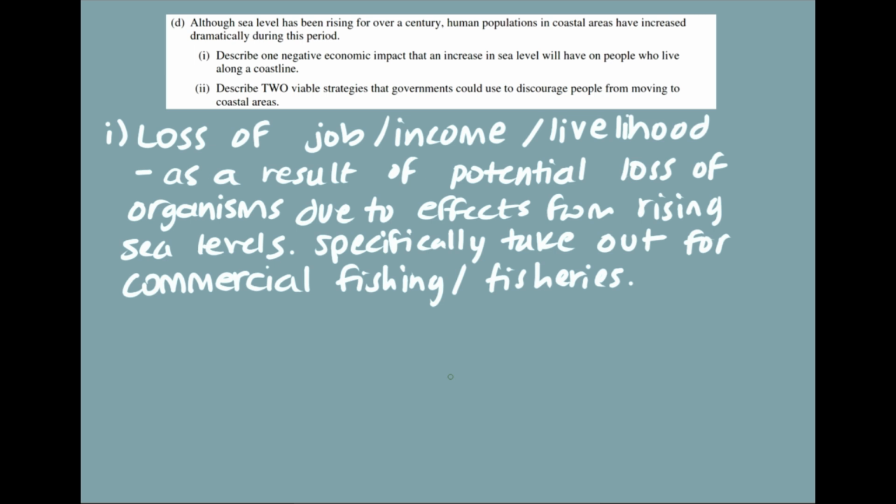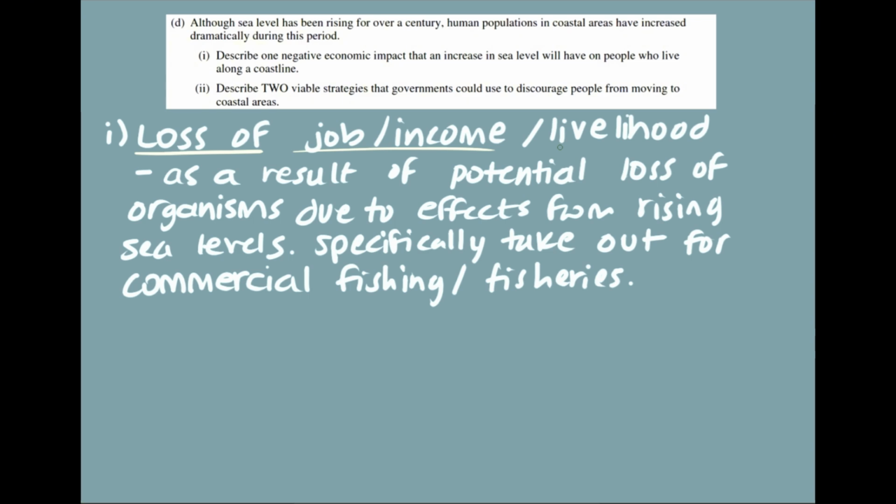All right, actually, before I get ahead of myself, before we go to the second part, I just wanted to also talk about a couple of things that you could put other than this. I realized I didn't go through the other options, and there absolutely are some. So we did loss of jobs specifically with commercial fishing, but other things that you could have put here that are economic.